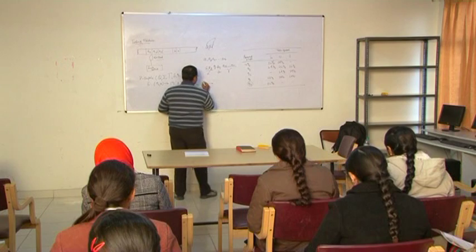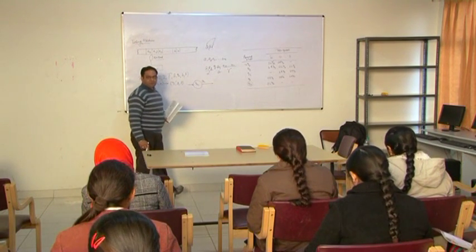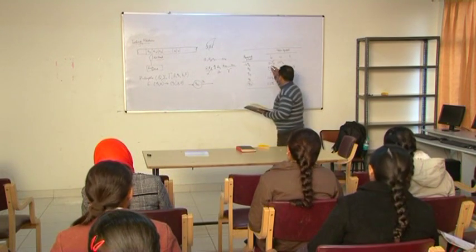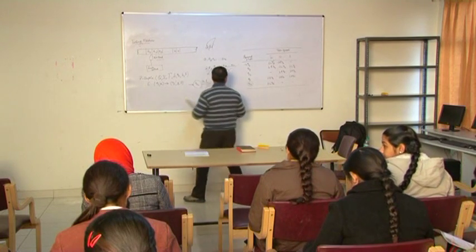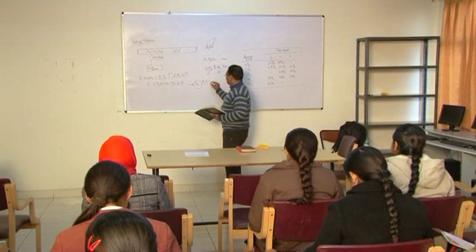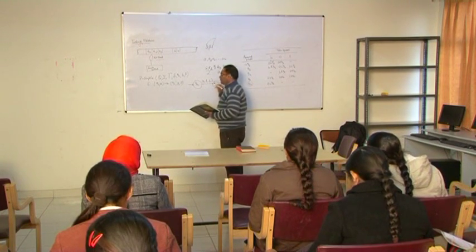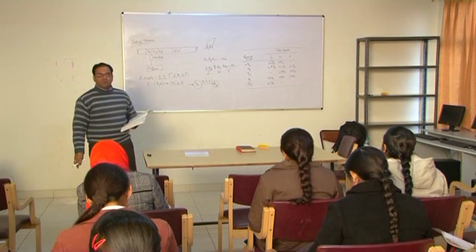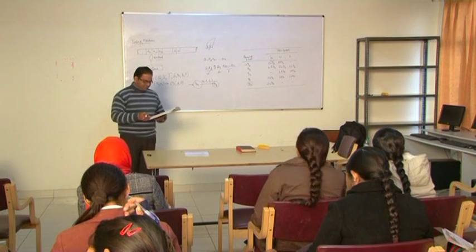Suppose B is the input symbol, you replace this B with 1 and move towards left, and the next state will be. So this is how you draw the transition diagram. So moves are represented like this in the transition diagram.